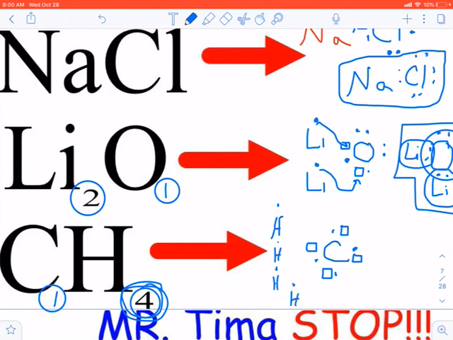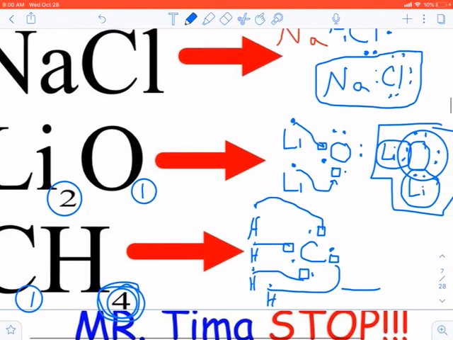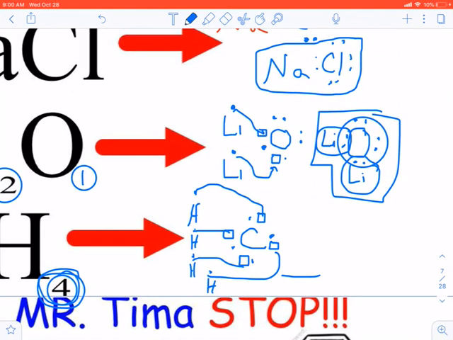Hydrogen's kind of like the ultimate table guest. Well, you can kind of see what's going to happen here. One of these hydrogens is going to come sit here, another one's going to sit here, another one's going to sit here, and another one's going to come sit here. And then finally, our final product, look who's in the middle. Look who's in charge of the table. Well, that'd be carbon.